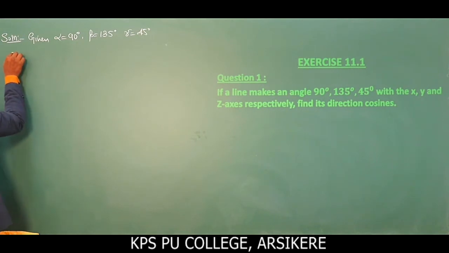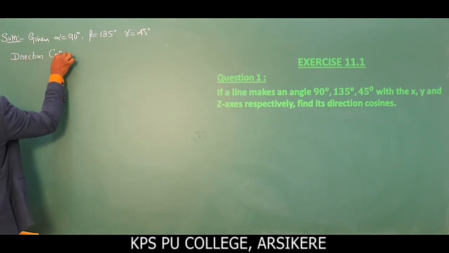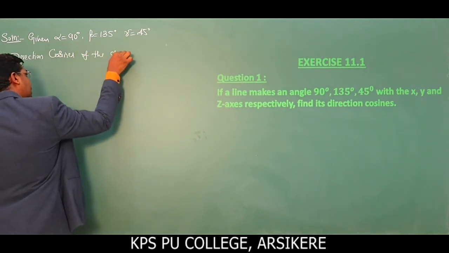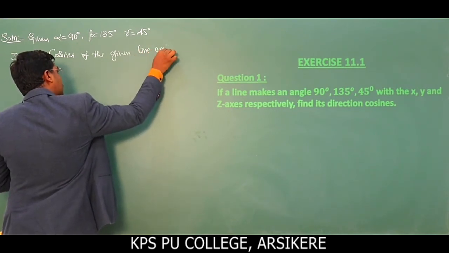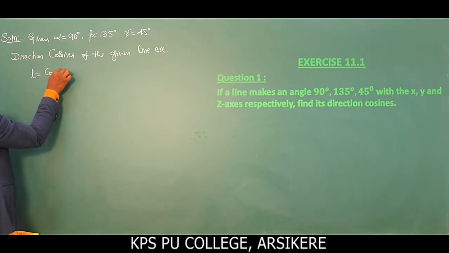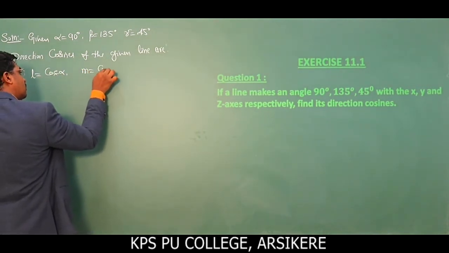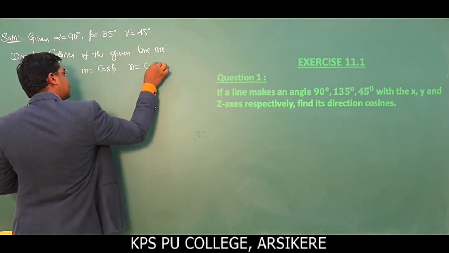So therefore, the direction cosines of the given line are, take l is equal to cos alpha, m is equal to cos beta and n is equal to cos gamma.